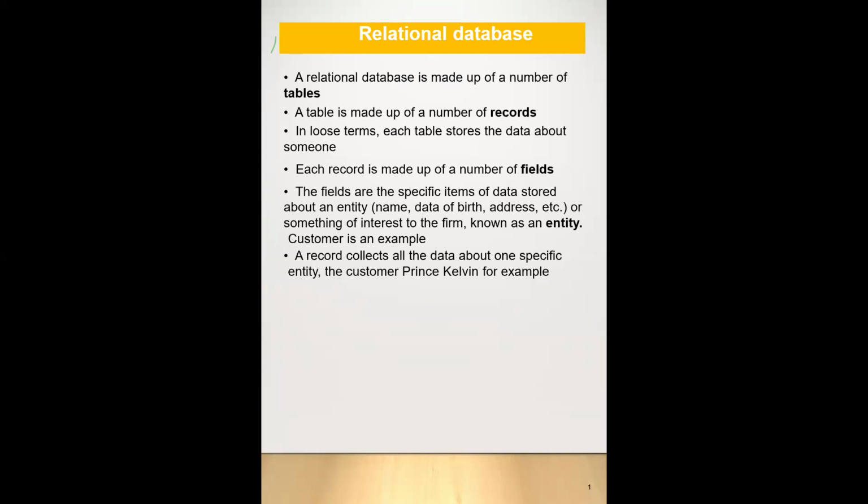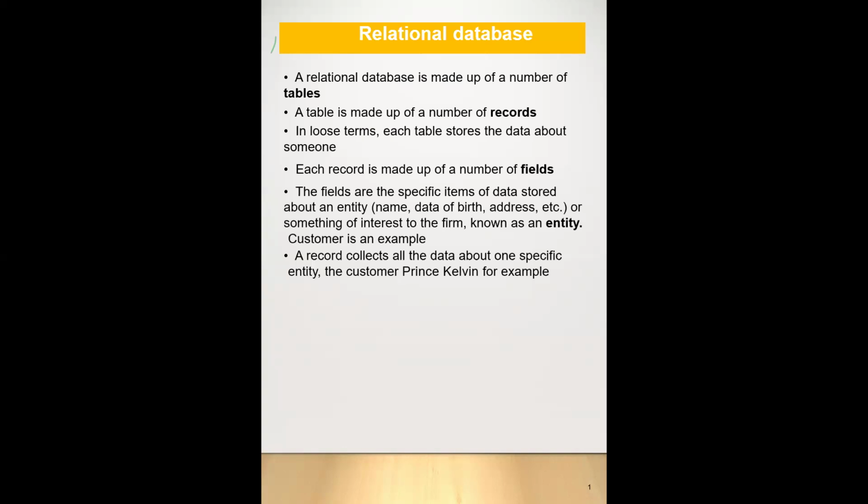And that record is made up of several different fields that have come together. All right. So address, etc. Something of interest to the firm is known as an entity. So an entity can be the name of a person, it can be a place, it can be a thing that is of interest to the organization.